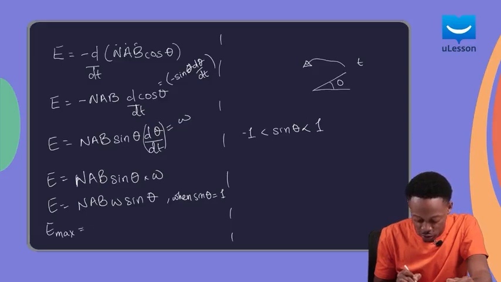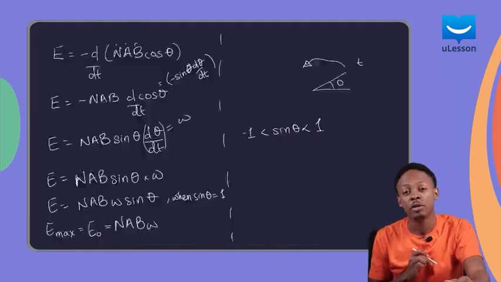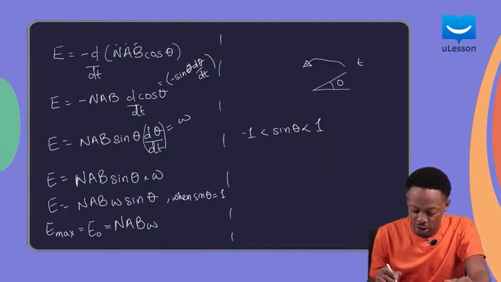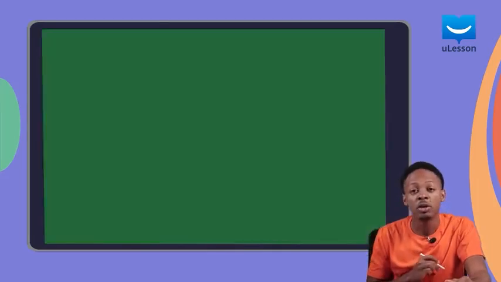E max or E naught would be equal to NAB omega, right? So when you look at it, this is the same as saying that the electromotive force E is equal to E naught sine theta, right?